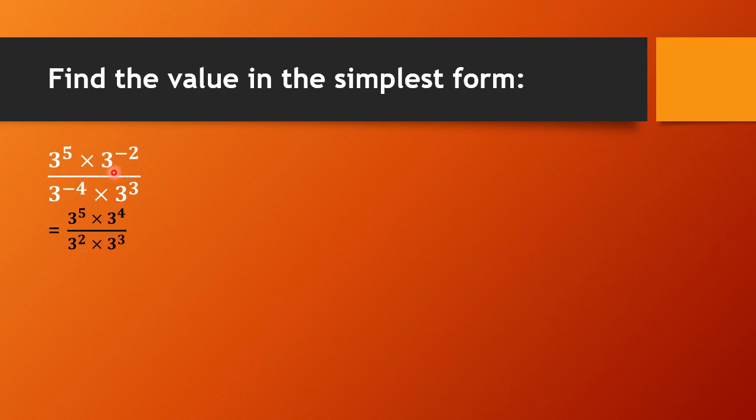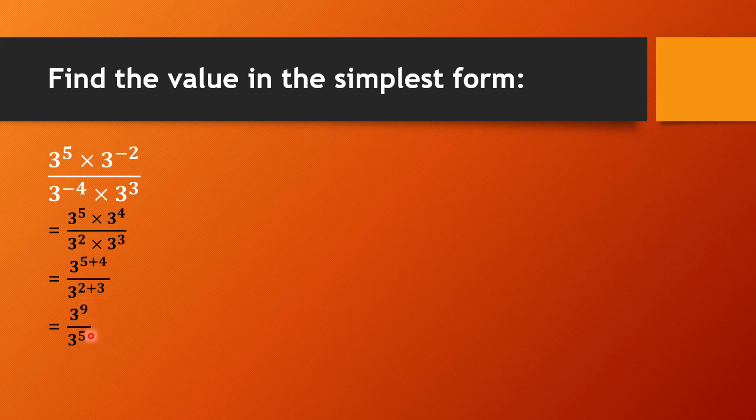It will be 3 power 2 times 3 power 3. The bases are the same in the numerator and the denominator, so we will add powers. It will be 3 power 5 plus 4 over 3 power 2 plus 3, which is 3 power 9 over 3 power 5.